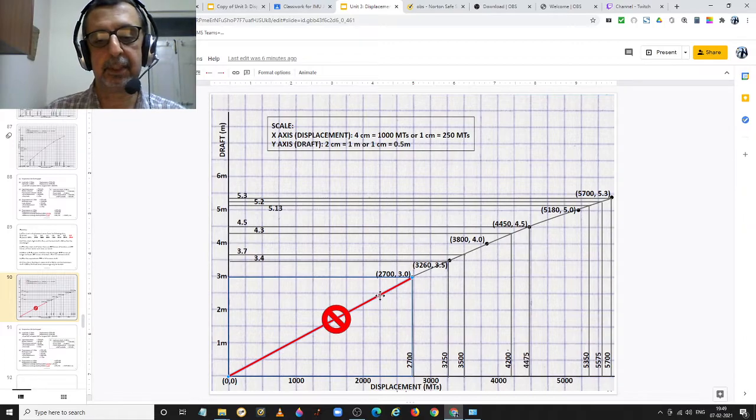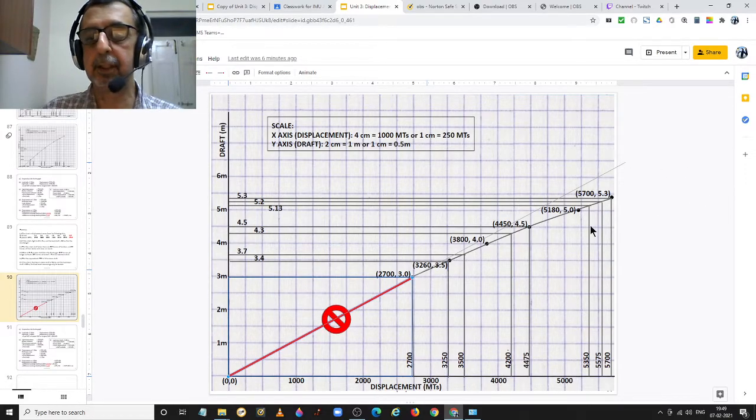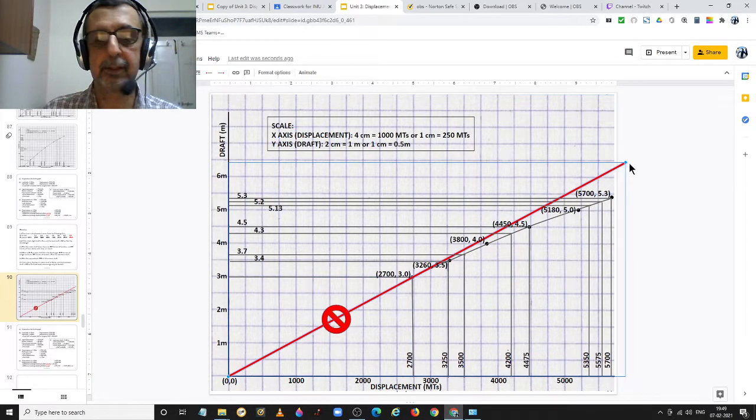As you will see, if it was a linear thing, then let me just extend this further and you will notice the difference. You see, if it was linear, it would be going this red line that I have extended, but it is not a linear progression.